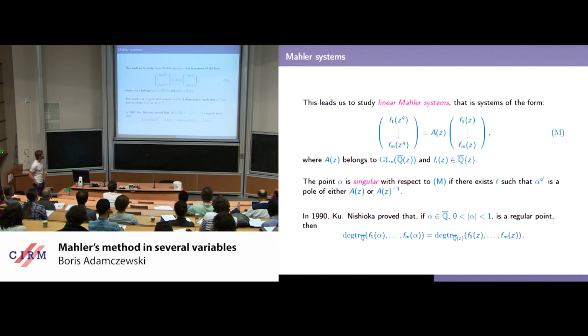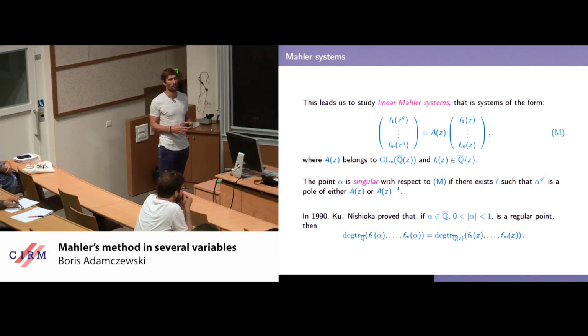And in this direction, in 1990, Nishioka proves that if I pick an algebraic point between 0 and 1, because otherwise the Mahler functions are basically meromorphic on the open unit disk, and the unit circle is a natural boundary, so it's natural to look at a point where the function is defined.